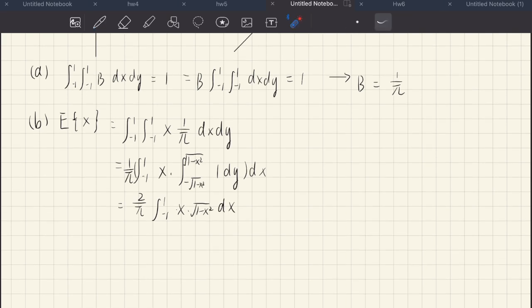As you can see here, this is an odd function, so this should be equal to 0.